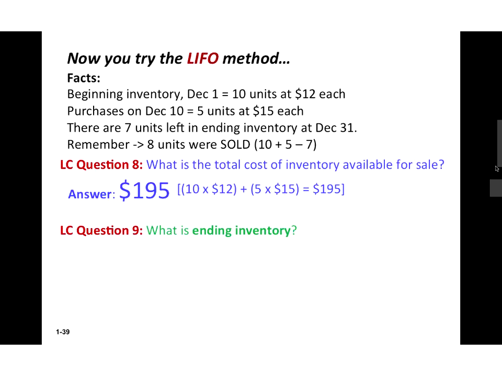So again, you're taking 7 units at $12, so 7 times 12. When I say at, it's times. So 7 times 12 is going to be your ending inventory.